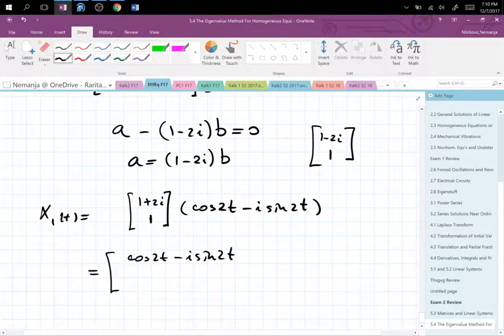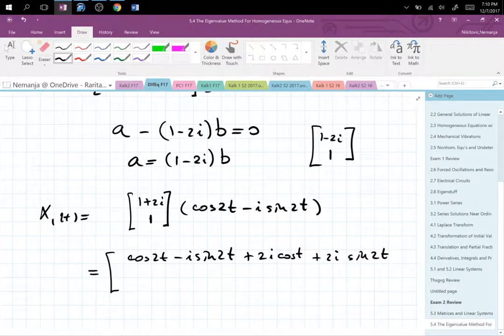And then times this by i, right? So plus 2i cosine 2t. And then minus, so plus 2i sine 2t. It's negative 2i squared. If it's negative 2i squared, i squared is negative 1, negative 2 times negative 1 is positive 2.